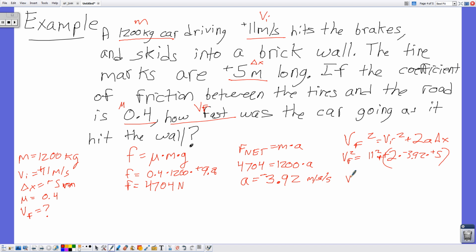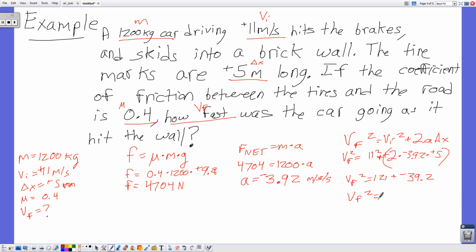Alright. V final squared equals 11 times 11 is 121. 2 times negative 3.92 times positive 5 equals negative 39.2.